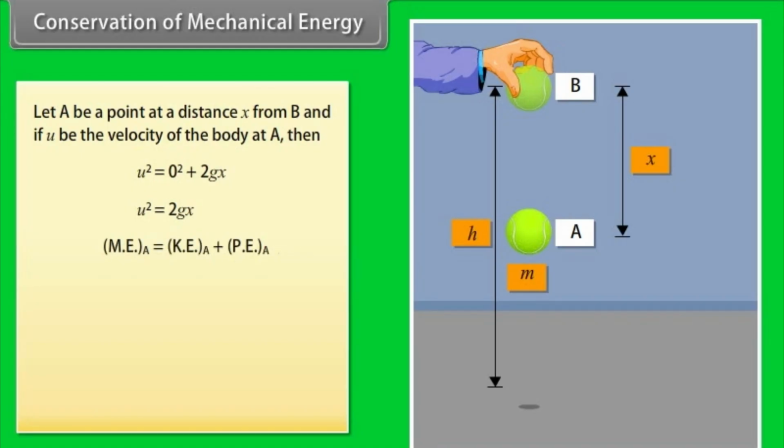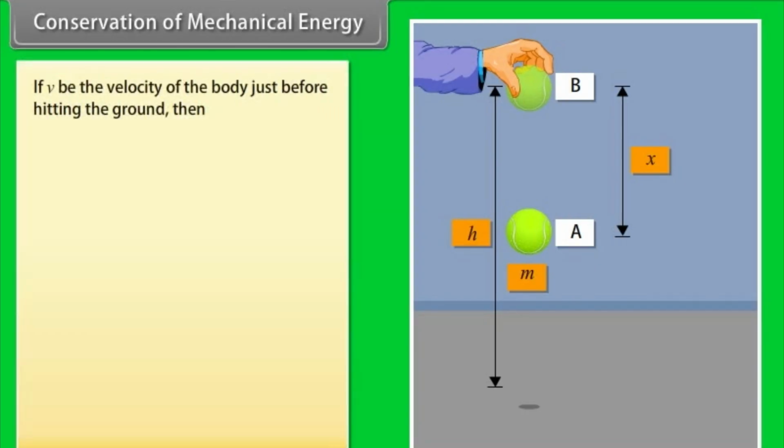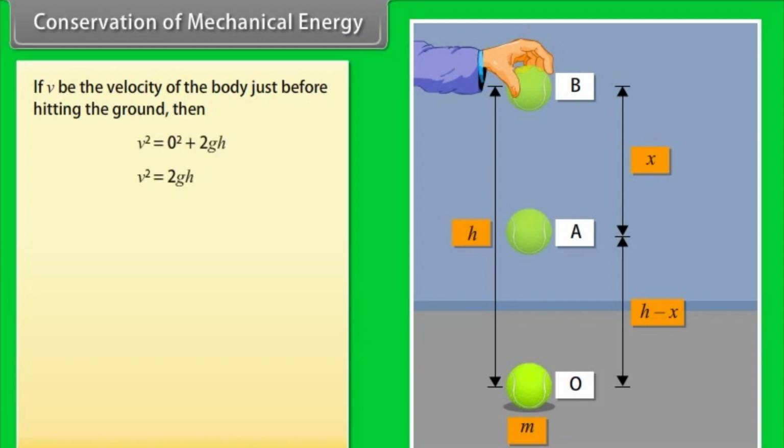Mechanical energy of the body at A is equal to the kinetic energy of the body at A plus the potential energy of the body at A. By calculating it, we get the mechanical energy of the body at A is mgh. If v is the velocity of the body just before hitting the ground, then v square is equal to 2gh.